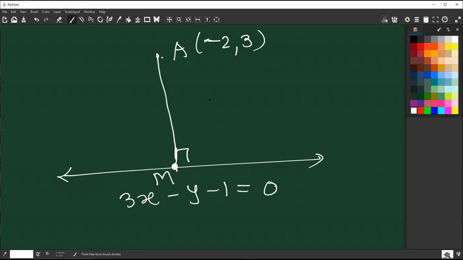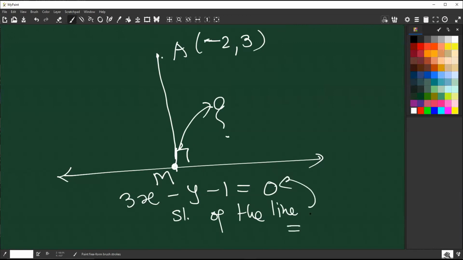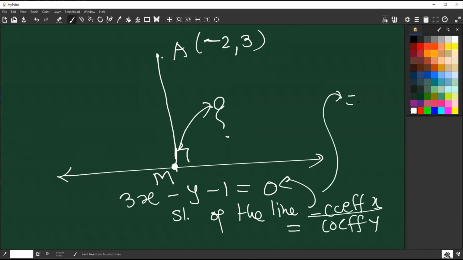Okay, this is the problem, to get the coordinates of point M। कैसे करोगे? पहले स्लोप ऑफ द लाइन, अभी हम लोग ओरली करते हैं। It is minus coefficient of x upon coefficient of y। This is the formula to get the slope of this line। So minus, what is the coefficient of x? 3, upon what is the coefficient of y? -1। So मेरा ये लाइन का स्लोप आया 3, correct?